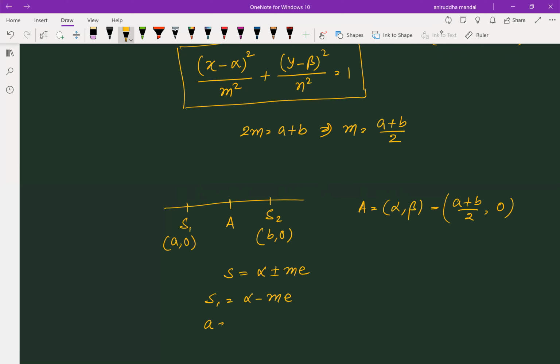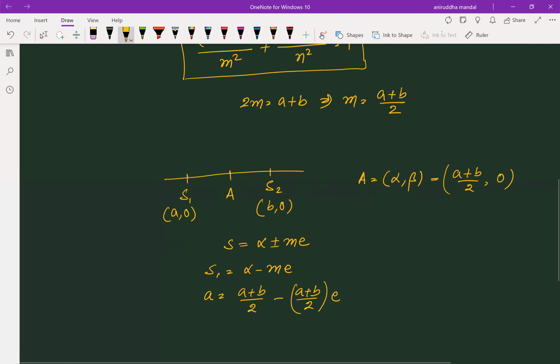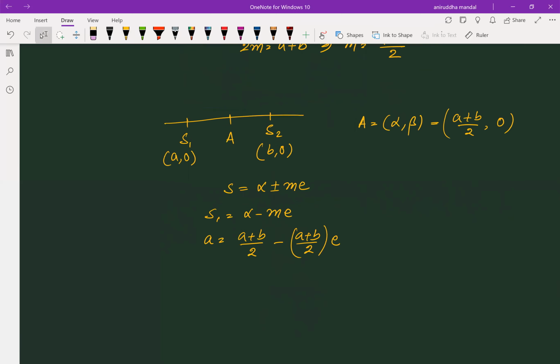So we can write a equal to alpha, which is (a plus b) by 2, minus m, which is (a plus b) by 2, into e. Now we will find the value of e from here. Taking e to that side, we can write e equal to ((a plus b) by 2 minus a) divided by (a plus b) by 2.